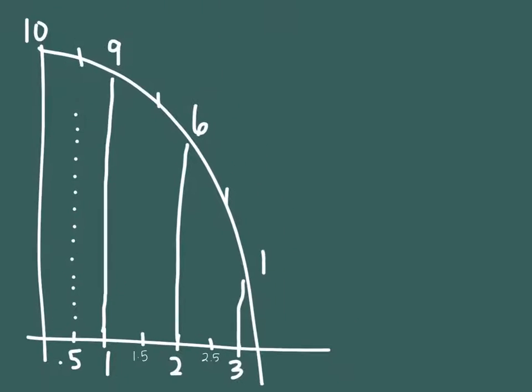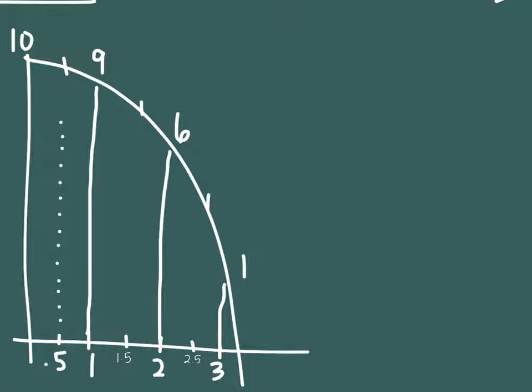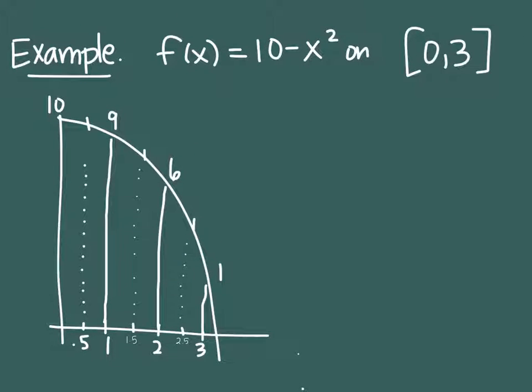And once we have all the heights, the formula just goes really quickly. So again, I would just encourage you to do this on your calculator with the table. I'm going to switch my function in my calculator to be 10 minus x squared, and I already have my table set at 0.5s, so I can tell you what these are.